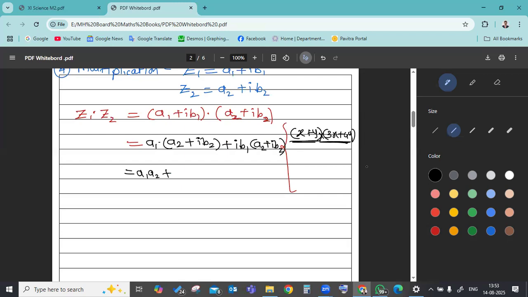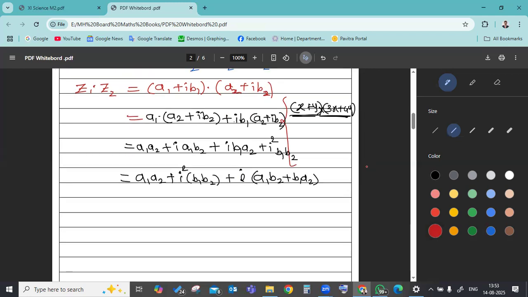So this will give us a1 a2 plus i times a1 b2 plus i times b1 a2 plus i square, that is i into i, square, b1 b2. Now this will give us a1 a2 plus i square times b1 b2 plus i taken common, a1 b2 plus b1 a2, right?